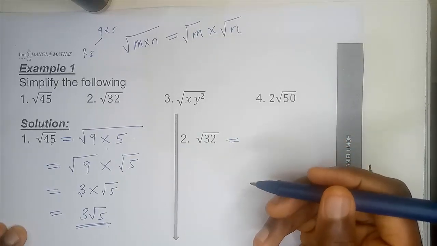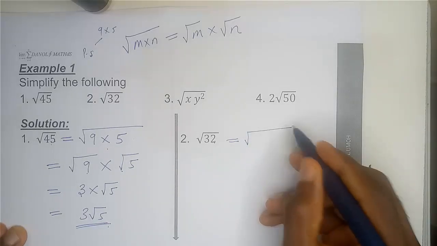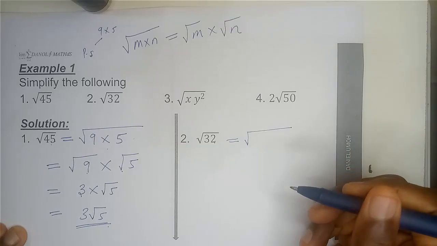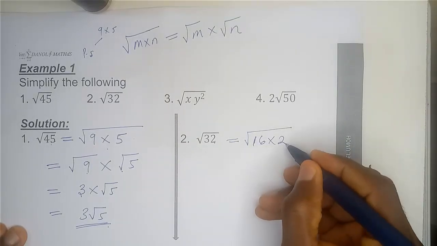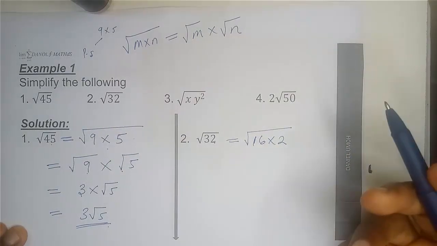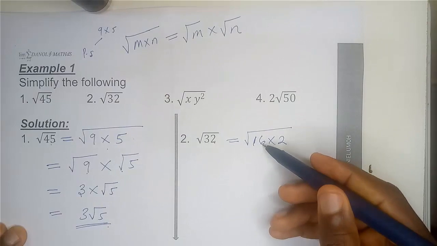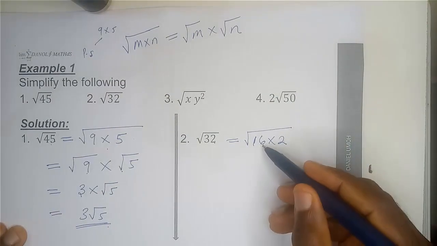A perfect square. Now, the square root of 32 equals, I can say 16 times 2. Of course, to get this number, you must always do trial and error until you get the perfect square. So 16 times 2 is 32, and I know that 16 is what?